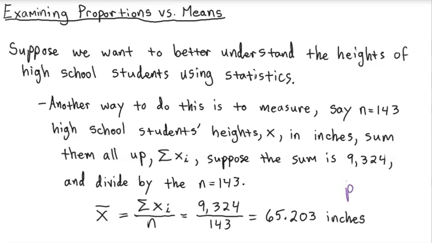A proportion can only be as small as 0, and a proportion can only be as large as 1.